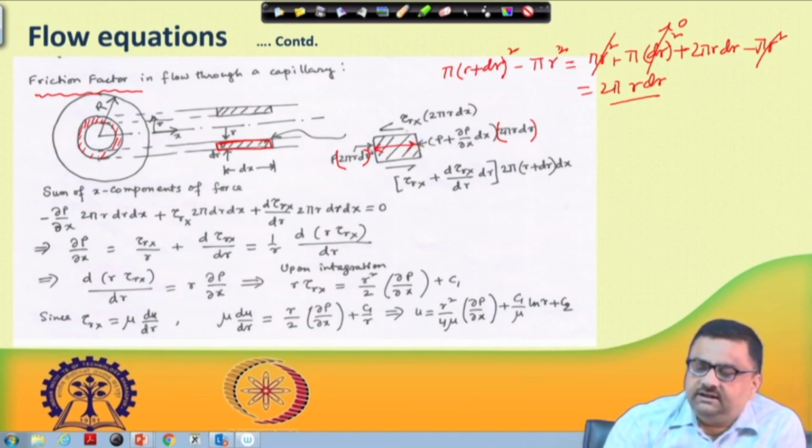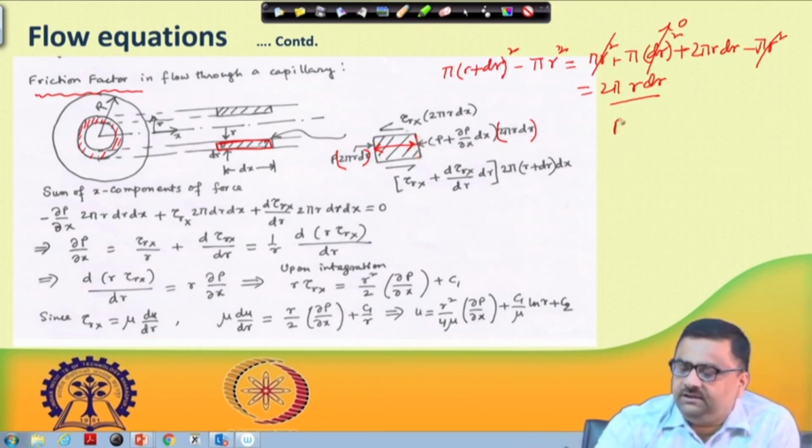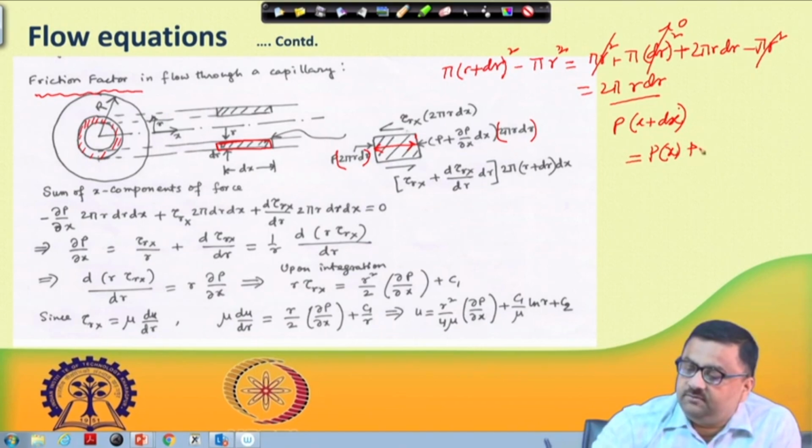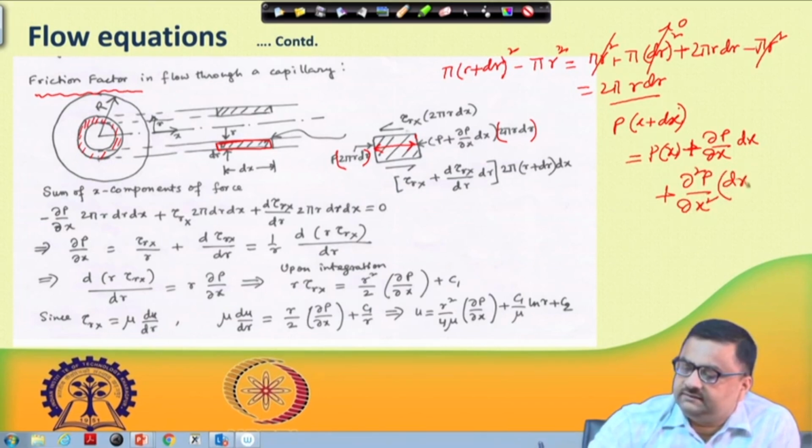The pressure here is P, and if we take a Taylor series expansion, P at x plus dx would be P at x plus del P del x dx plus del square P del x square dx whole square by 2 factorial plus there would be other higher order terms.